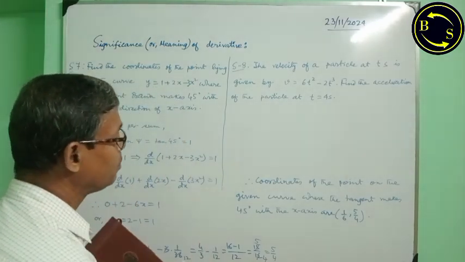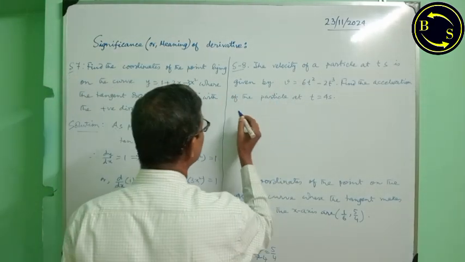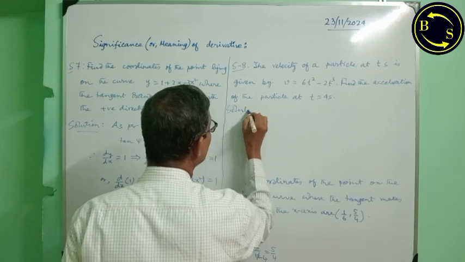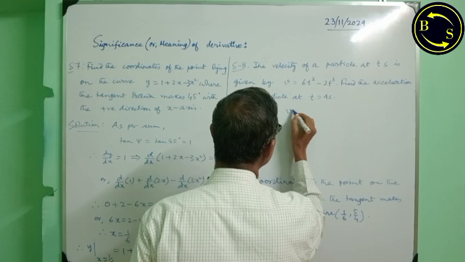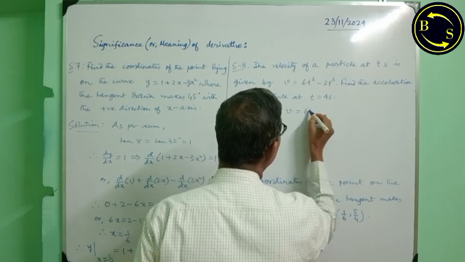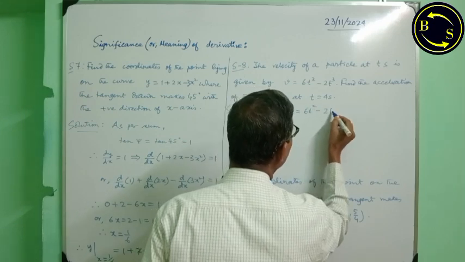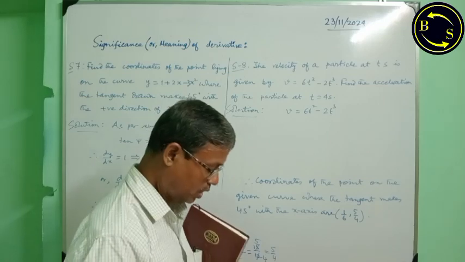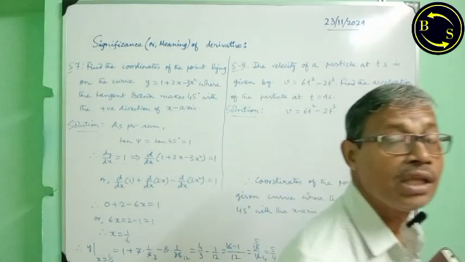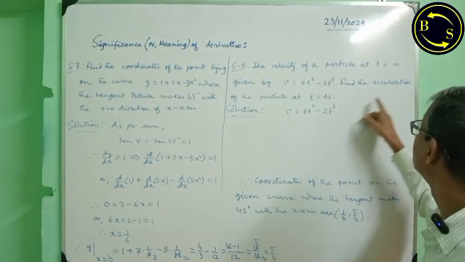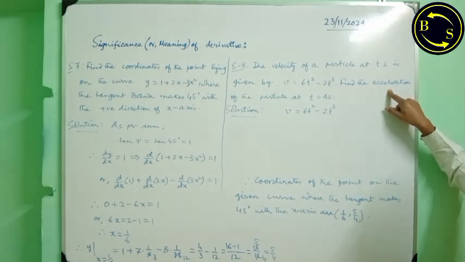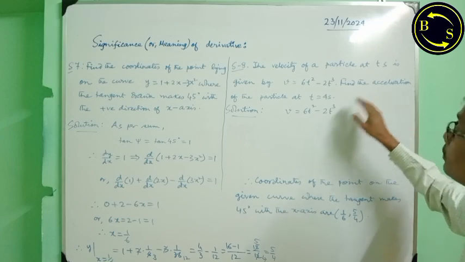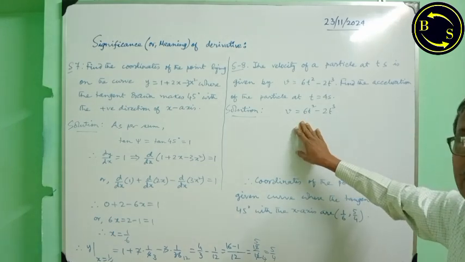Now, this one. V is given. Already I have discussed that acceleration is rate of change of velocity, that is dv dt. Therefore, to solve this sum, first we find dv dt.